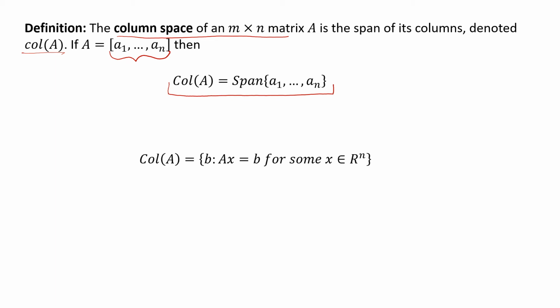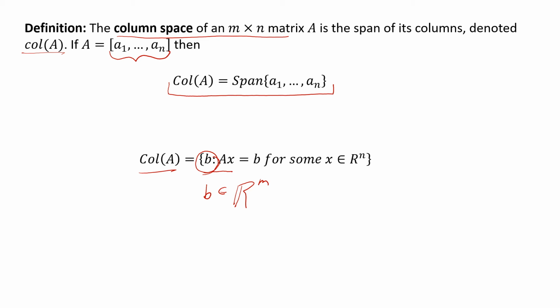Another way to think about it is that the column space of A is all of the vectors B, where B is in Rm, that you can get to through your multiplication.